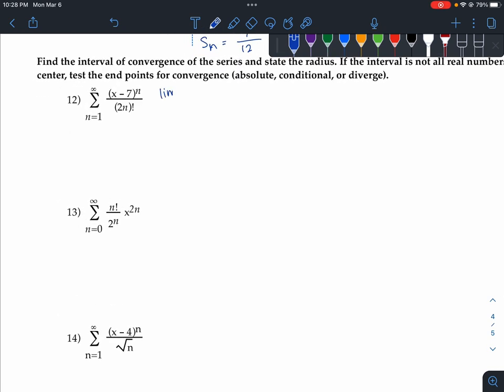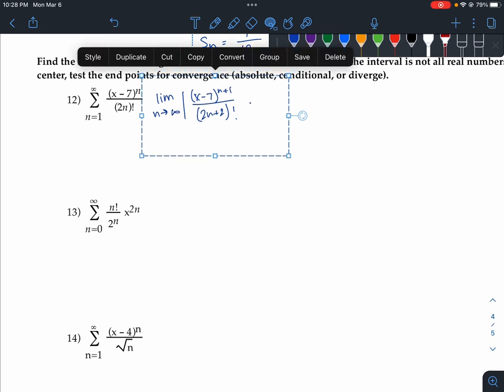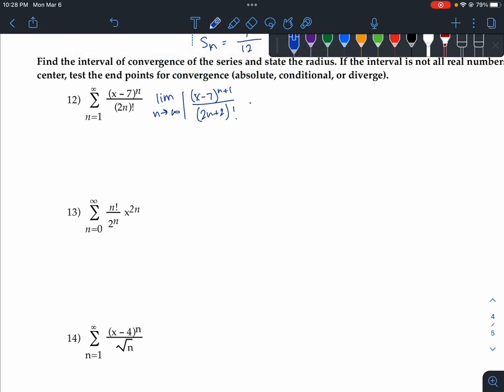So the limit as n approaches infinity of the absolute value of x minus 7 to the n plus 1 divided by 2n plus 2 factorial, if you plug in n plus 1 for this right here and multiply out, times this will be 2n factorial divided by x minus 7 raised to the n.